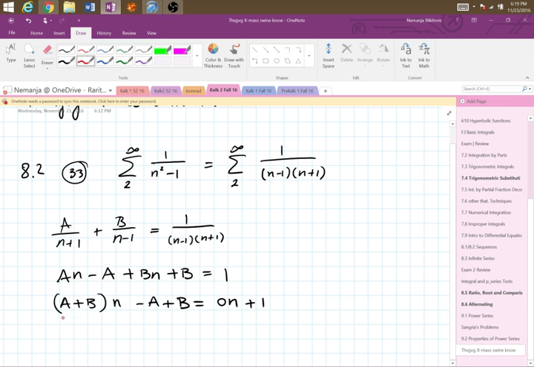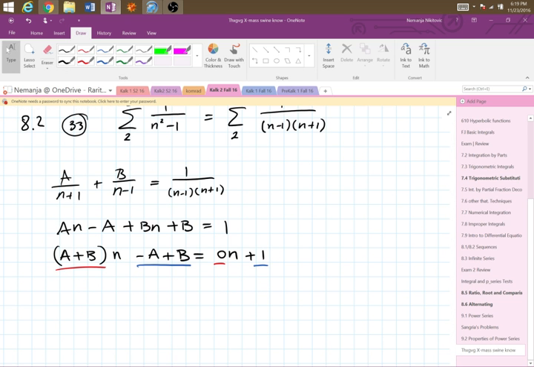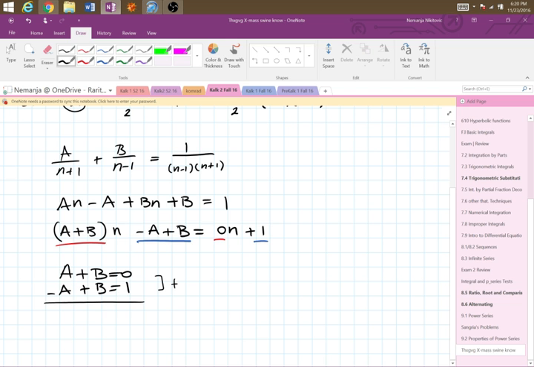We equate the coefficients. So we have A plus B equal to 0, and negative A plus B equal to 1. If we add these two equations, we get 2B equal to 1, from where B is equal to 1/2, and then immediately A is negative 1/2.